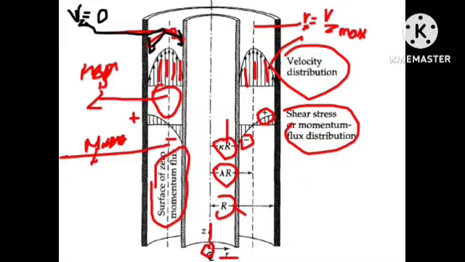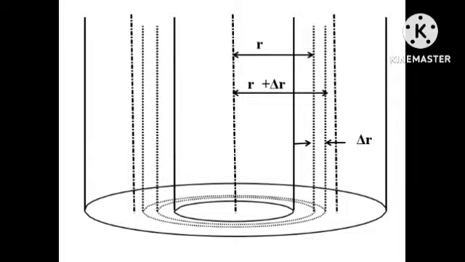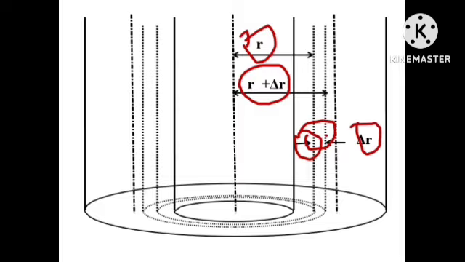Let's move forward to the next slide. See what we are considering here. We are considering this as r. Now we are considering this as r plus delta r, and this position, please remember, is called the delta r position.